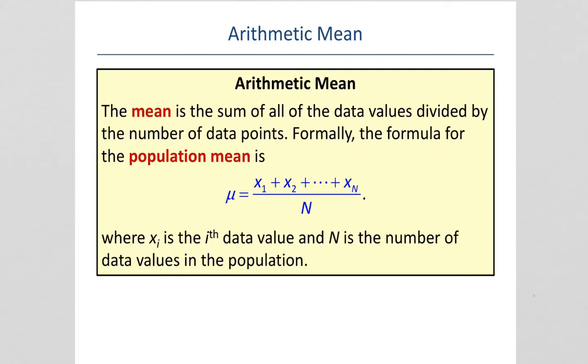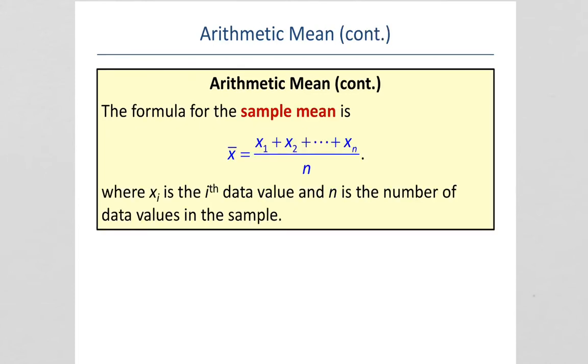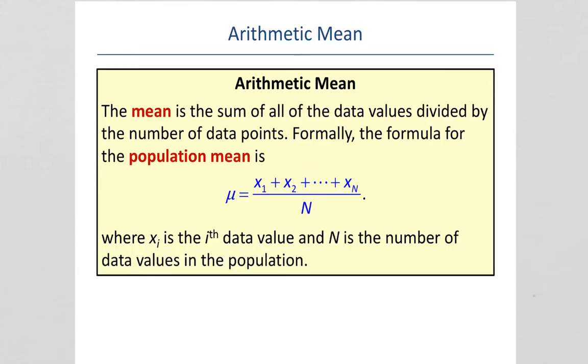The difference between the population mean and the sample mean is just what it says. The population mean is if you actually have all the data values for an entire population, then you would use the population mean, which is called mu, this little m thing here.